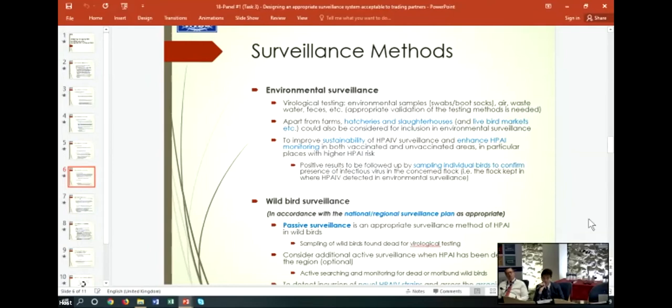Environmental surveillance could be considered by collecting environmental samples, such as air, wastewater, feces, etc. for virological testing. But it should be noted that appropriate validation of the testing methods would be necessary.